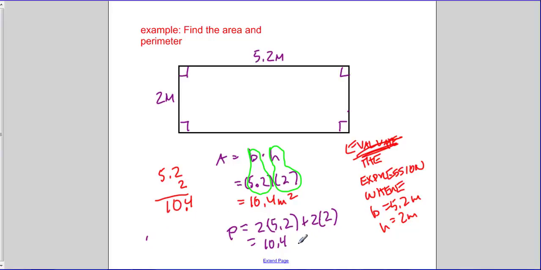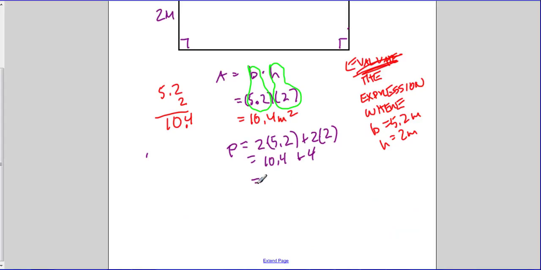And then 2 times 2 is 4. So this is going to be 10.4 plus 4. Remember, after the whole number, you need to put a decimal point, so to line up the ones and the ones here, add some placeholder zeros, bring down the decimal point. So that's going to be 14.4 meters is my perimeter.